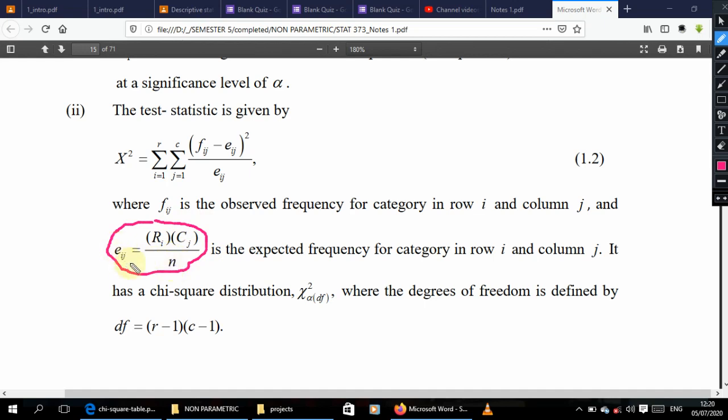That will give you the expected frequency. And the degrees of freedom is the number of rows minus 1 multiplied by the number of columns minus 1. These are the things, so jot them down.